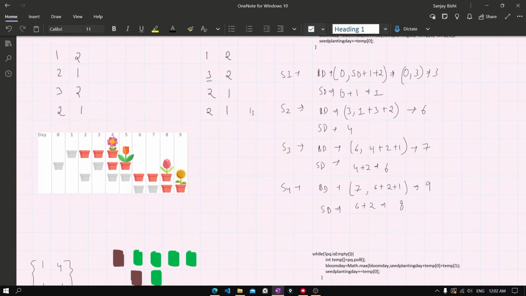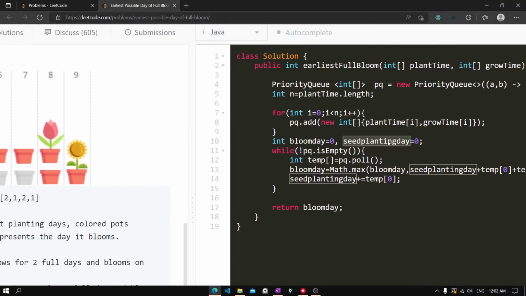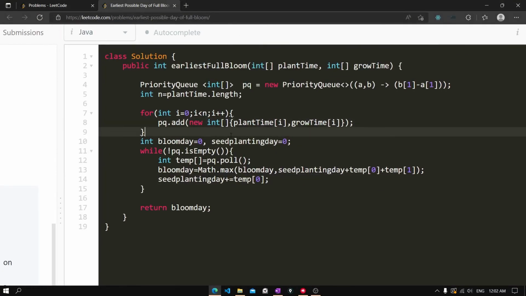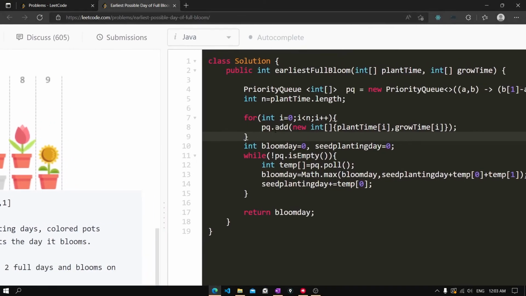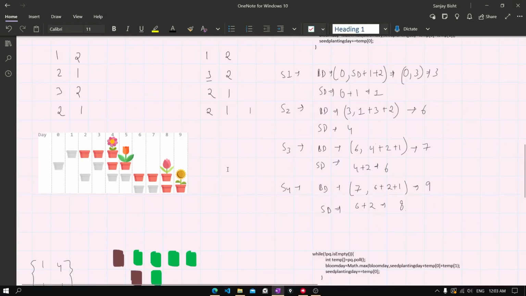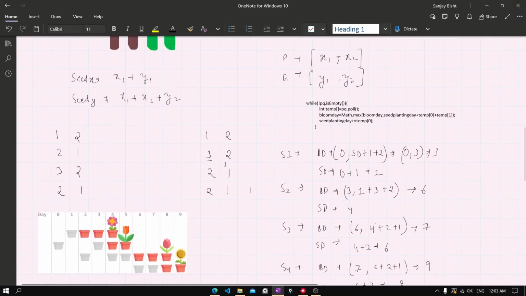What we need to do, as we have seen, is just sort it. After sorting, we need to calculate the bloom day. So how can we calculate the bloom day? The bloom day is actually this one.